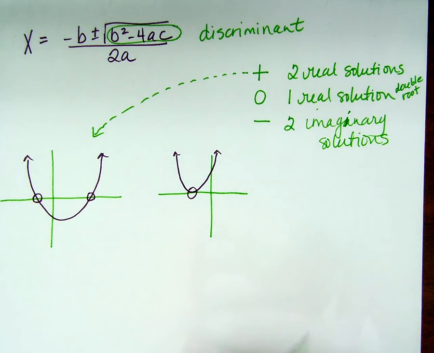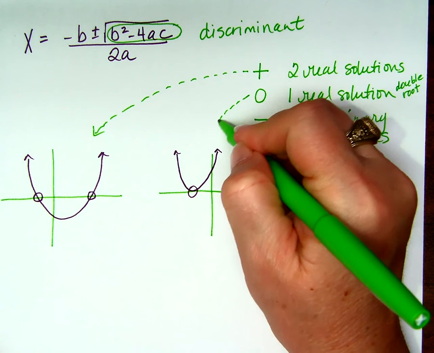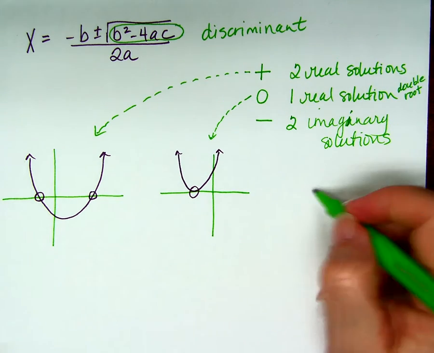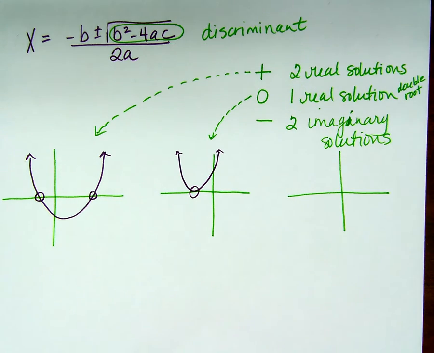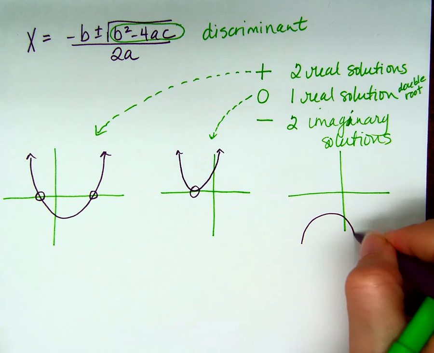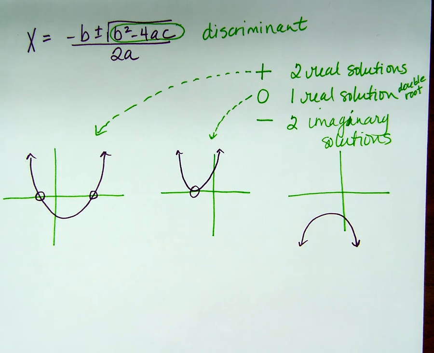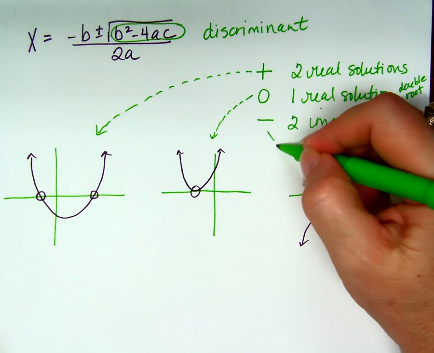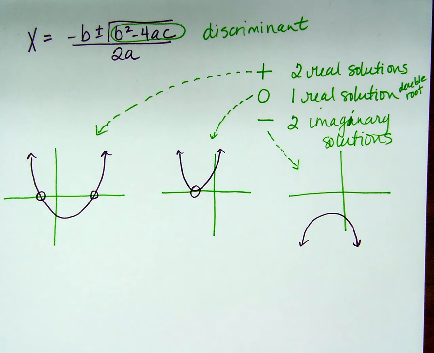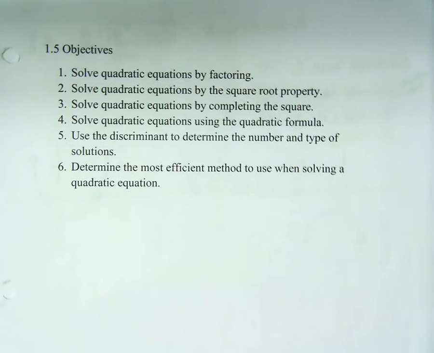Okay? So that's what the graph would look like when we're talking about that one. And then last but not least, it might look like this because it doesn't cross the x-axis at all. Okay? Does that make sense? Any questions? Do you feel confident with all of these objectives?